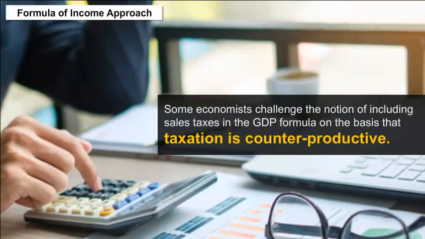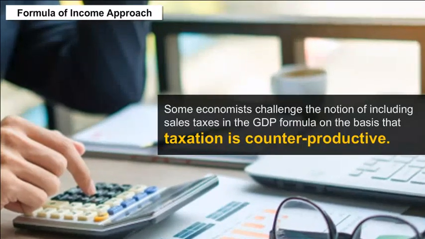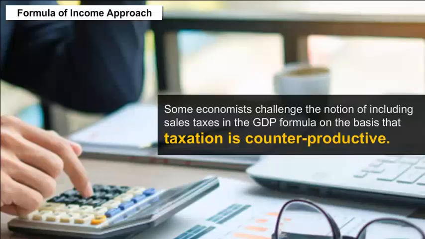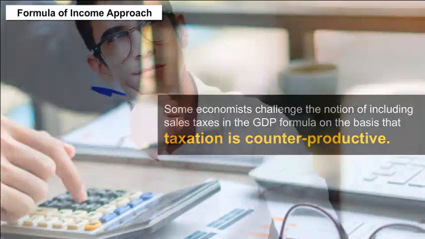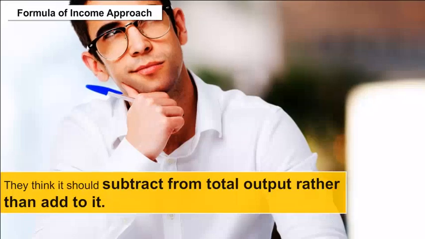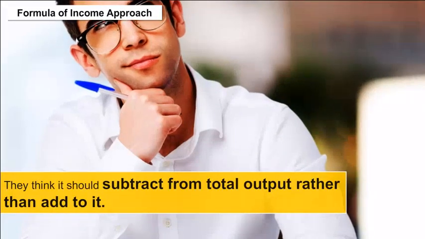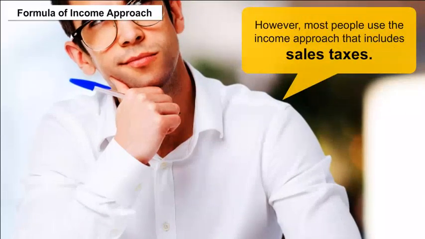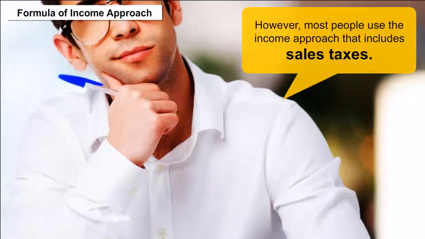Some economists challenge the notion of including sales taxes in the GDP formula on the basis that taxation is counterproductive. They think it should subtract from total output rather than add to it. However, most people use the income approach that includes sales tax.